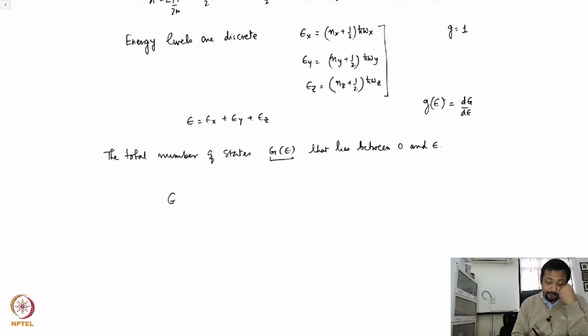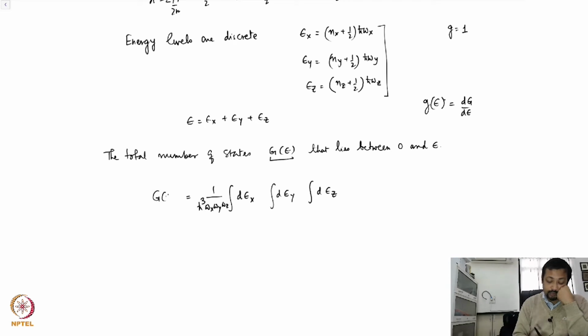Now capital G of epsilon is then given by the integral d epsilon x, d epsilon y, and d epsilon z divided by h bar whole cube omega x omega y omega z.